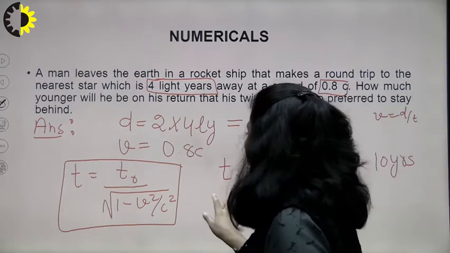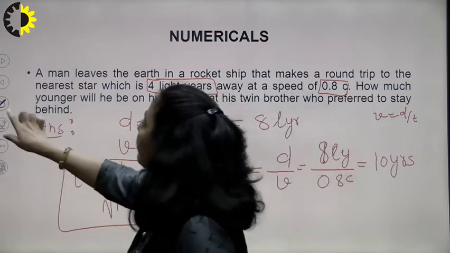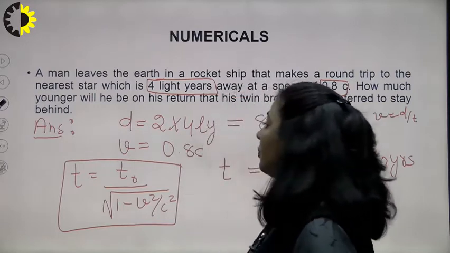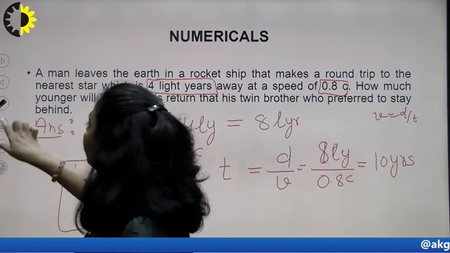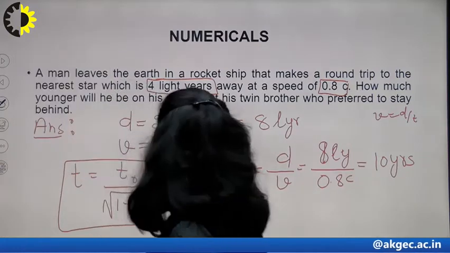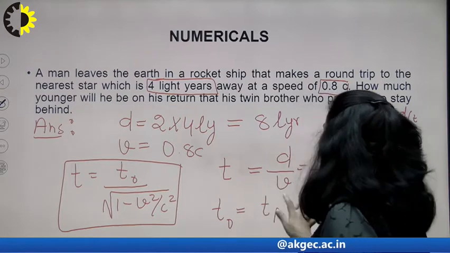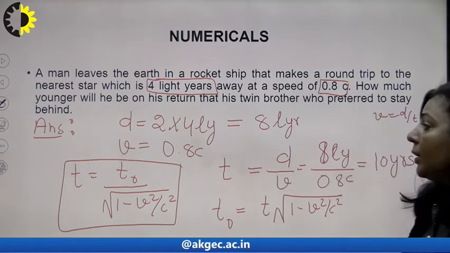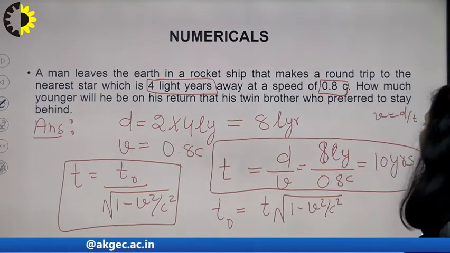Now this is not T naught, this is T. So now you have T, so what will be T naught? T naught is T into root 1 minus V square upon C square. So you have this time which is 10 years.